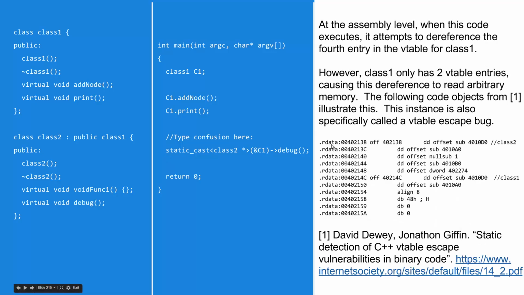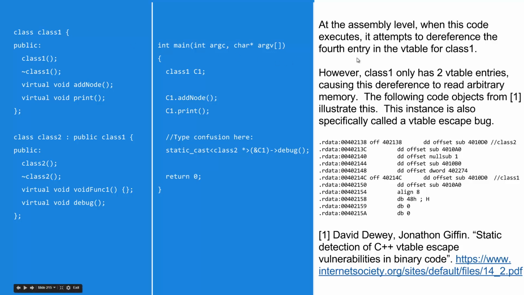And what it actually is going to cause is a failure of casting to class 2, and instead it will dereference class 1 and try to access debug with respect to it in the vtable. Now the vtable here is listed on the right, and this is provided again from the paper. And this is a product of G++ and similar in Visual Studio. Other compilers may do this safely.